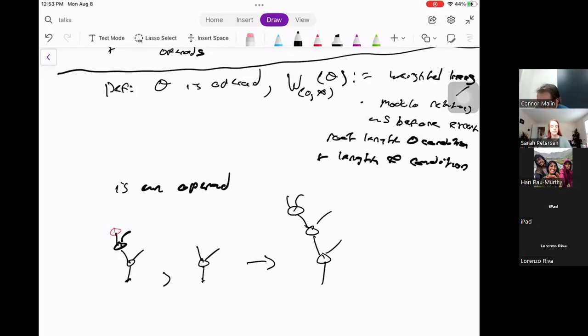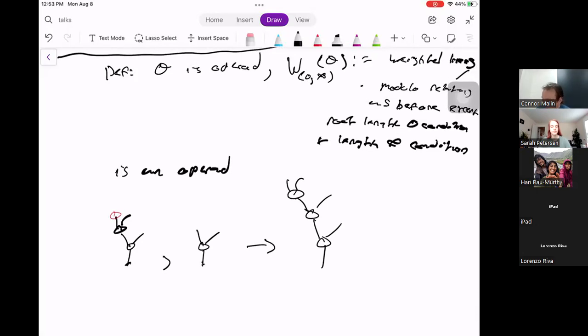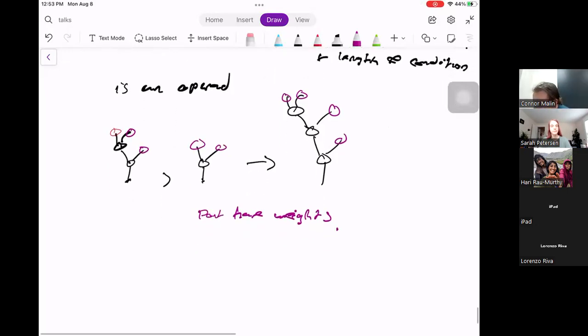It's really grafting, and you just preserve the same edge lengths. The root edges, which I marked as purple, don't have weights attached. And so when I graft, I'm going to be giving the weight of the root edge. Sorry that I'm going a little fast here.